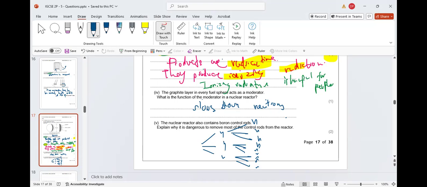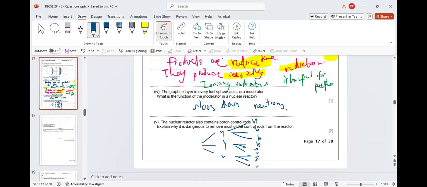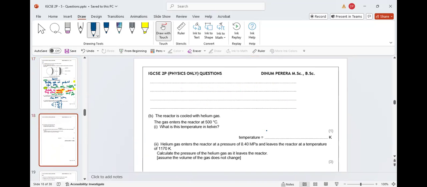So the process will multiply. So to stop that process, or rather control the process, we need to absorb these extra neutrons, right? Control rods are absorbing these additional neutrons, which are fission products.